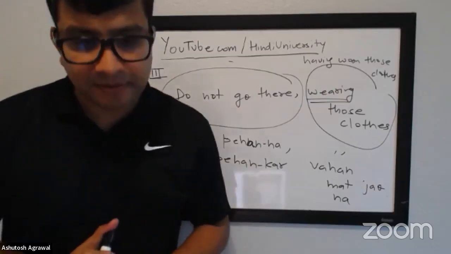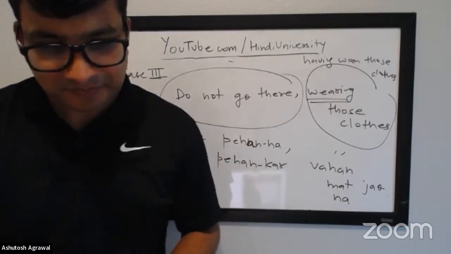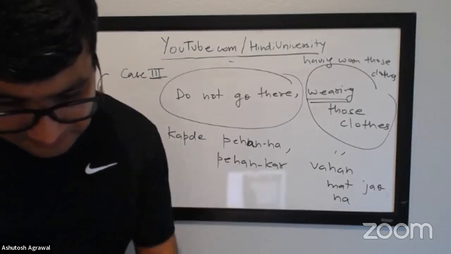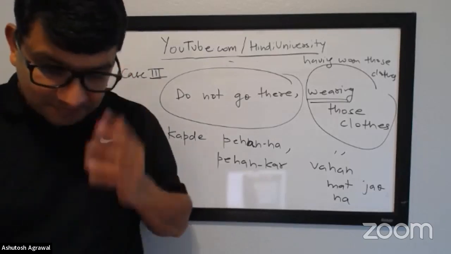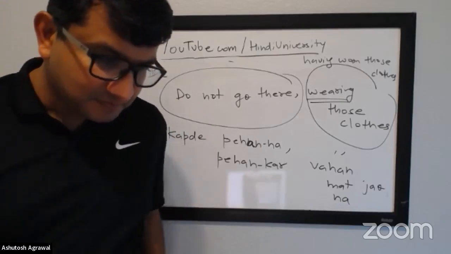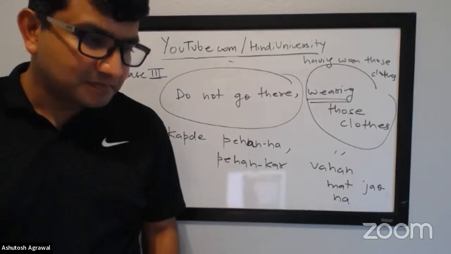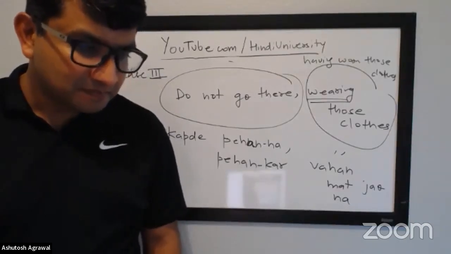Akhil ji, can you repeat it please once more? Thank you. So it's kind of like baithna. When I'm saying I'm sitting in English, I wouldn't say main baith raha hu, because that would be like I am in the act of sitting down. I would say main baitha hu.